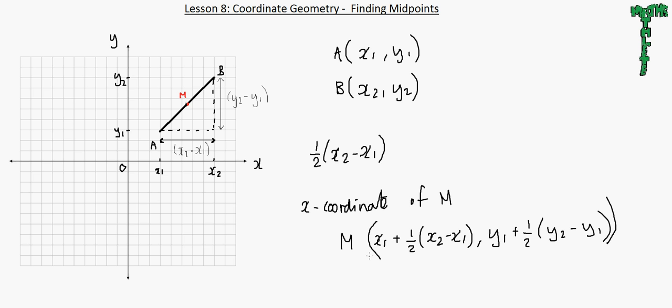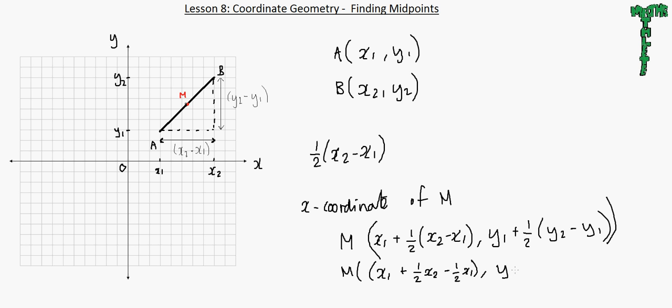So now M can be rewritten as, so we have x1. How about we expand the bracket? How about we have half of x2 minus half of x1, and how about we view this all in one bracket?